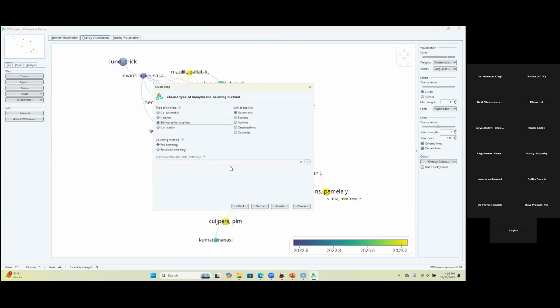Bibliographic coupling, showing one. Bibliographic coupling, I've already told, but I'll repeat that it shows the similarity in references.